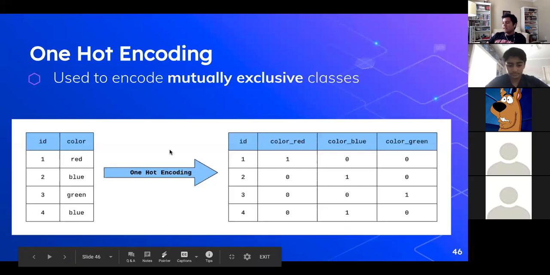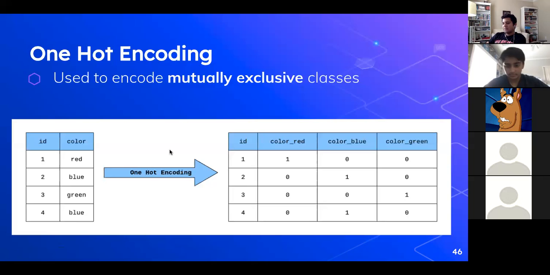Let's just say we had a box of crayons, and the box of crayons only contained red, green, and blue crayons. What we can do is draw out a random crayon from the box, and then we would go to this one-hot encoded table.